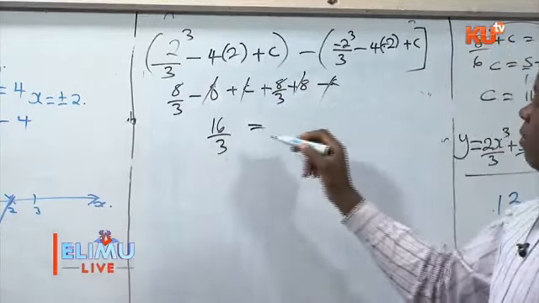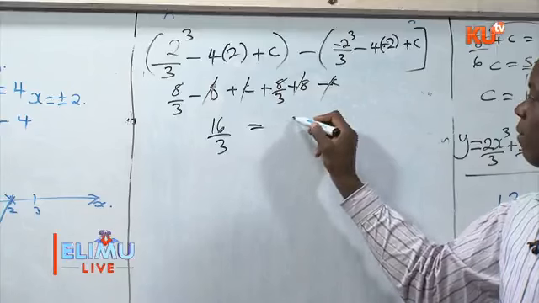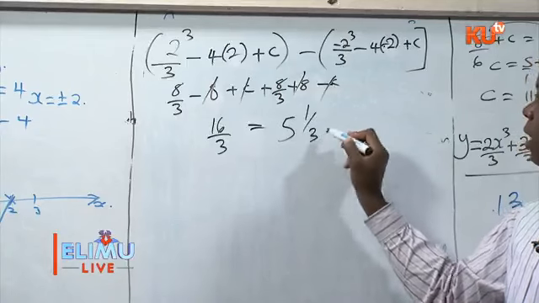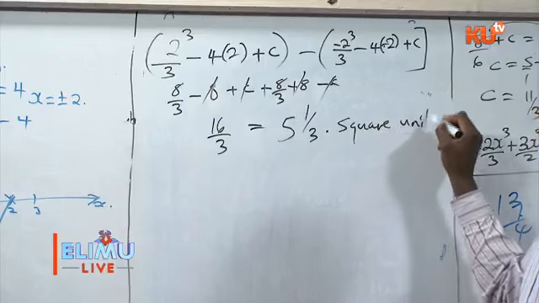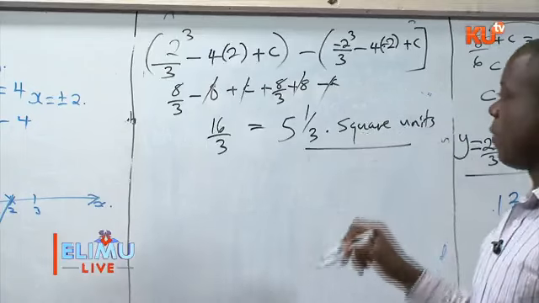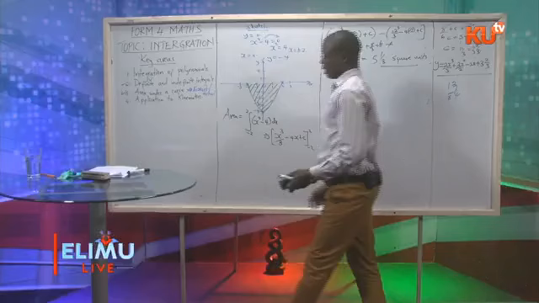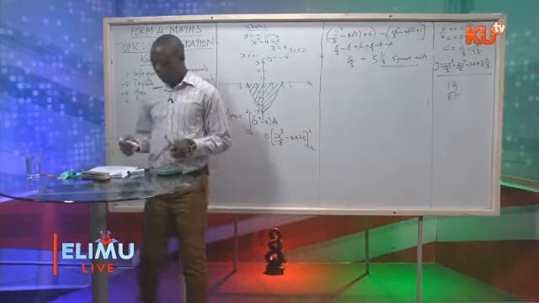So the solution becomes now, that is 5 and 1 over 3 square units. Because we are looking at the area, so it becomes 16 over 3.